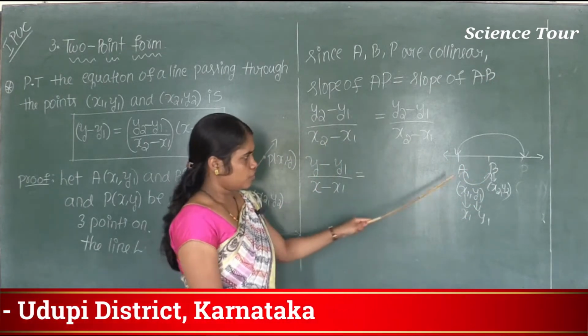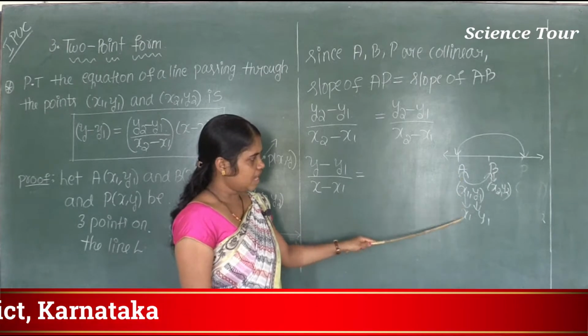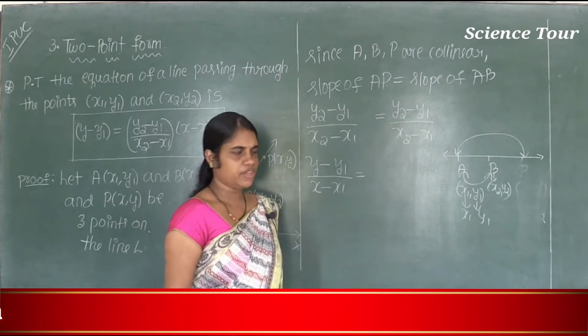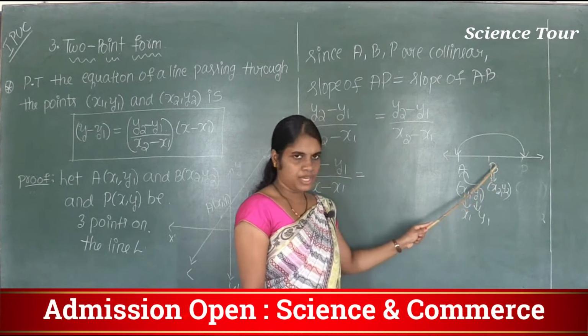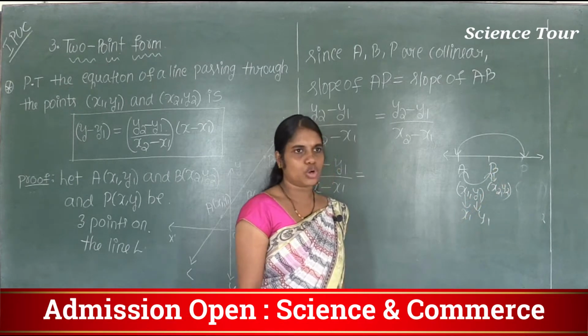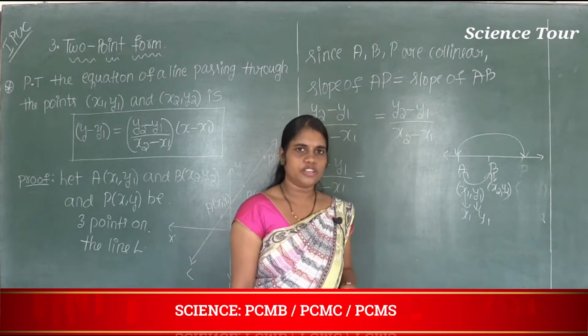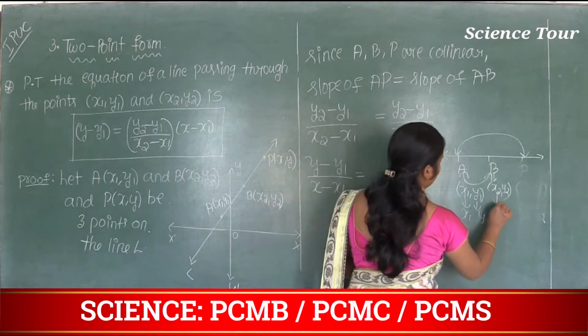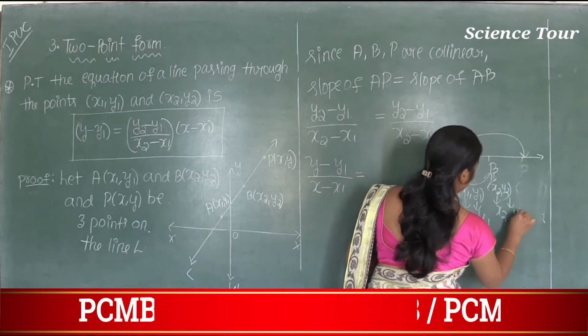points. So first point is A, that is x1 y1, its coordinate already we have written. Second point is B, whose coordinate is x2 comma y2. Normally the second point is considered as x2 comma y2 only. So the same value will come here, x2 y2.